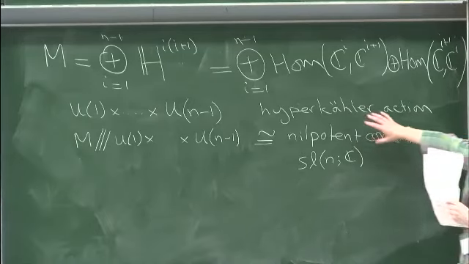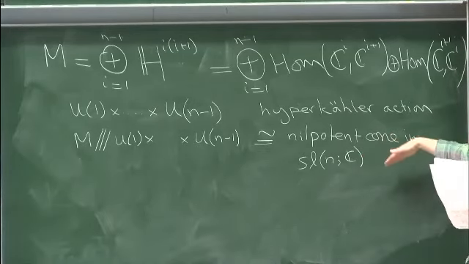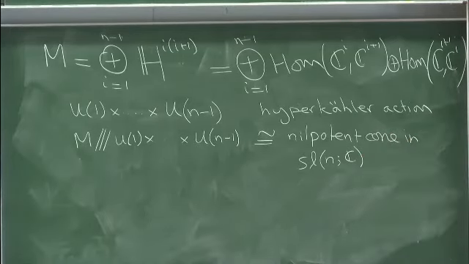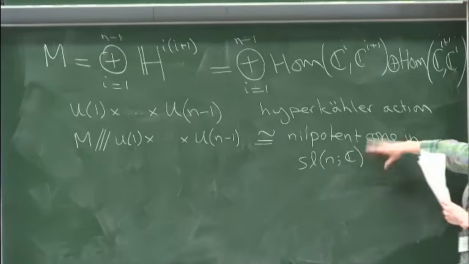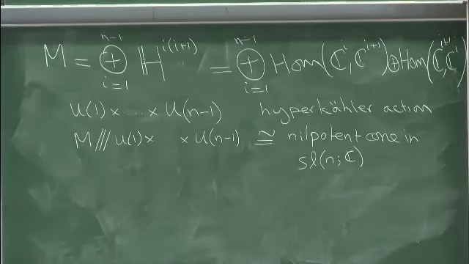And this, of course, is the closure of a generic nilpotent coadjoint orbit in here. So this is closely related to nilpotent coadjoint orbits, and Nakajima's construction was related to other coadjoint orbits.